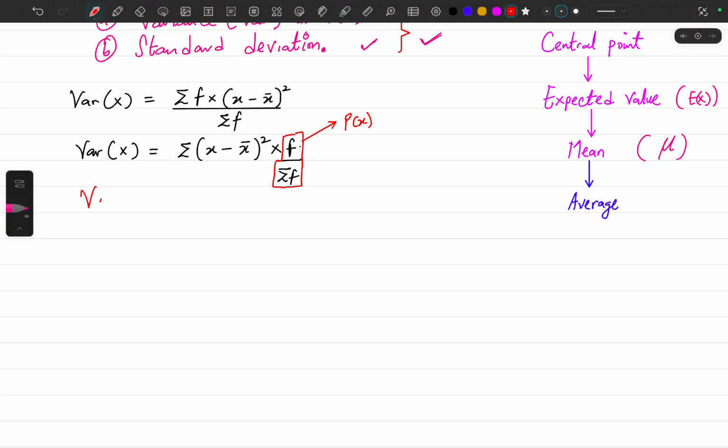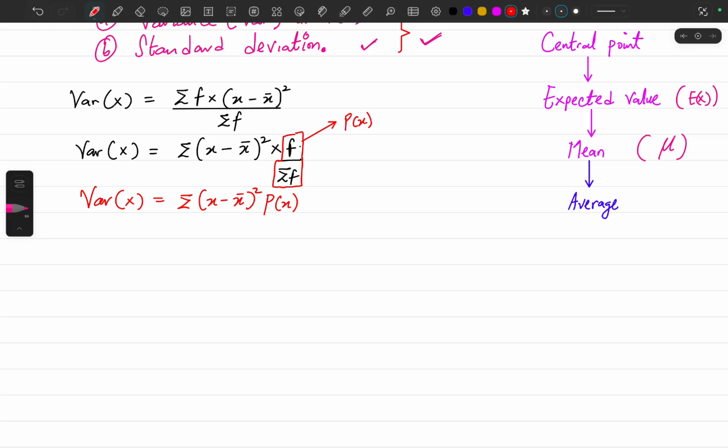Now this is coming out handy. The variance of x will now be the summation of x minus x bar all square multiplied by the probability of x. Hope this is getting handy quickly.